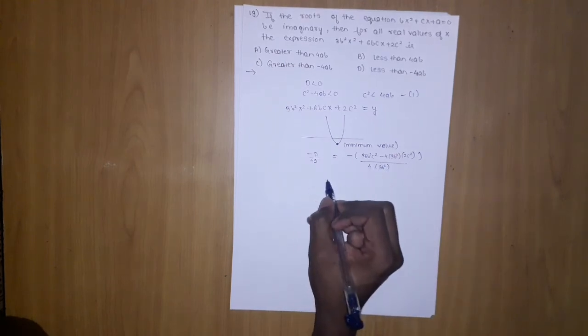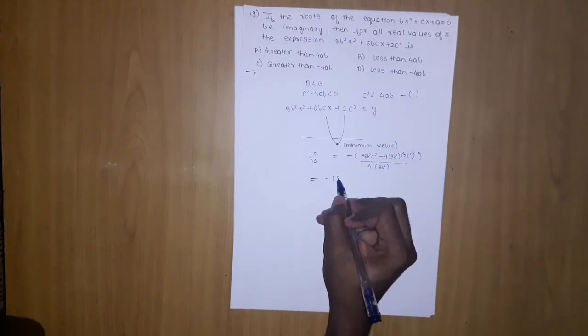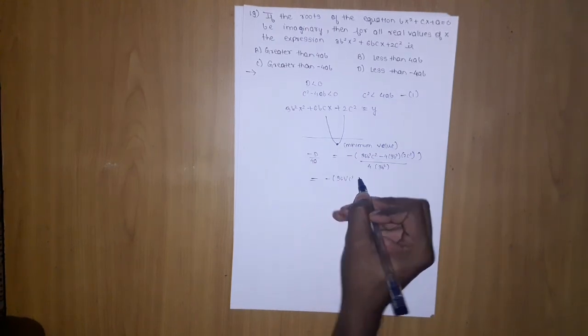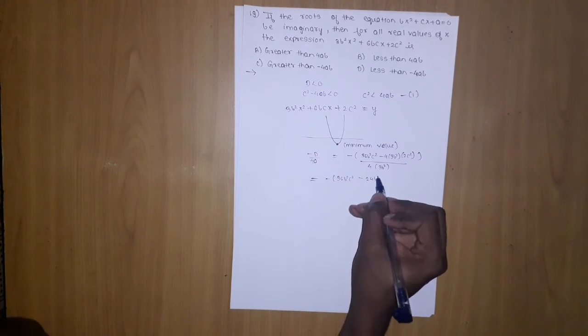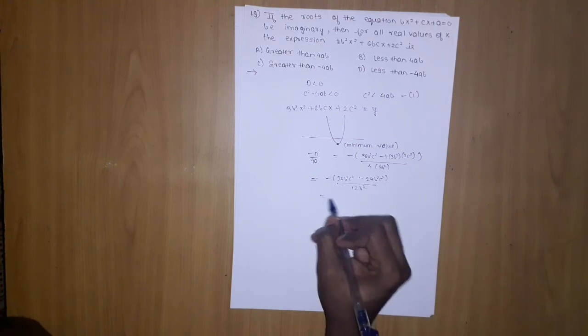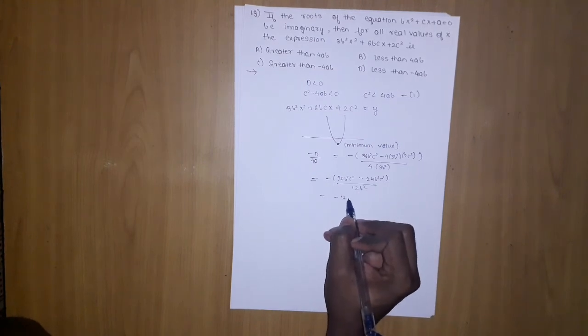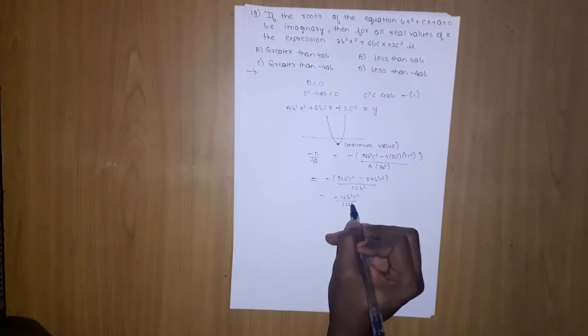So we are getting 36 b square c square minus 24 b square c square upon 12 b square, and subtracting, we get 12 b square c square upon 12 b square.